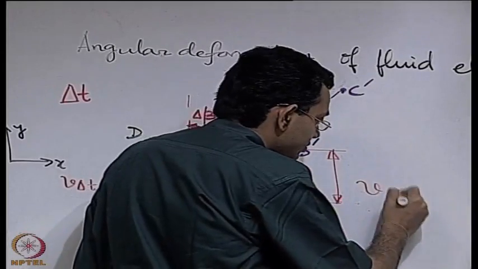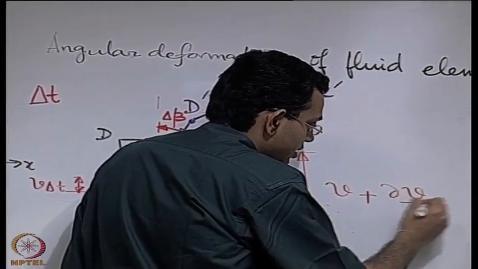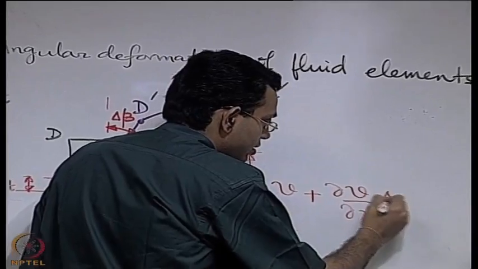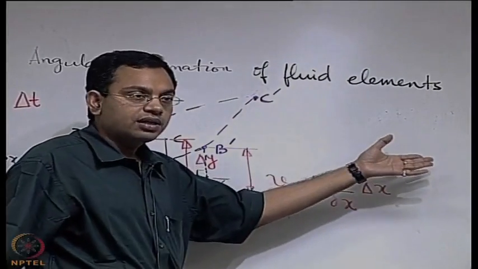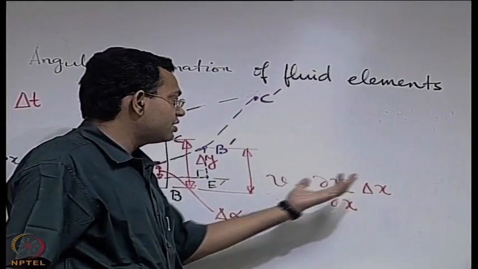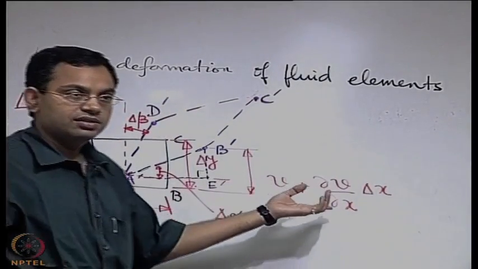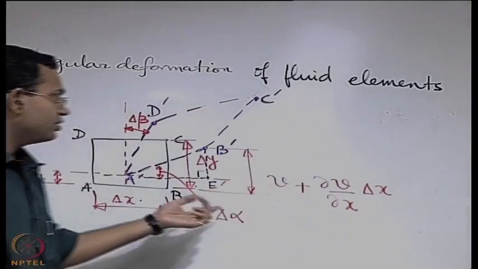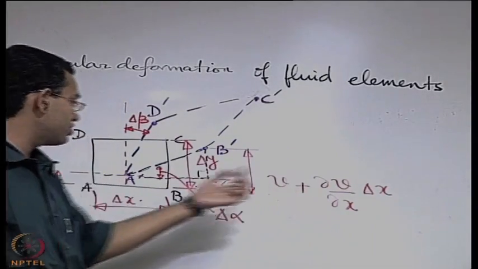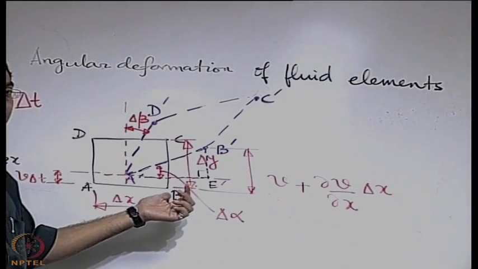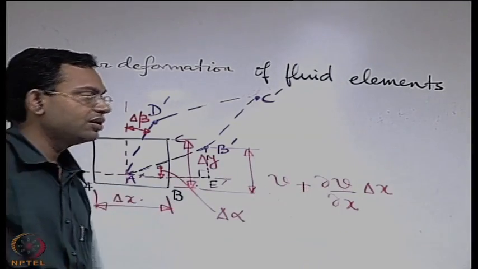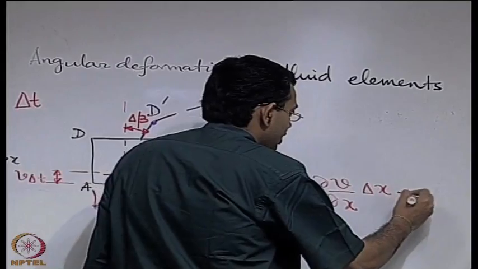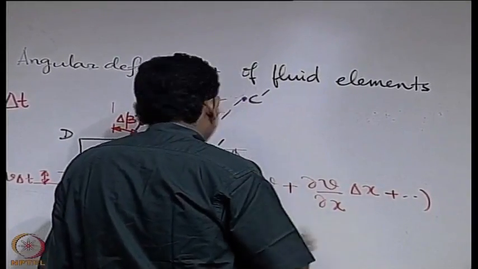V plus higher order terms. Here the change is because of change in x, so that is why partial derivative with respect to x. From A to B when you go, it is not change in y but change in x, that is why this term is appearing, then that into delta t.